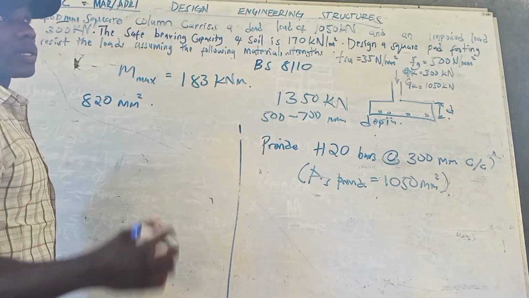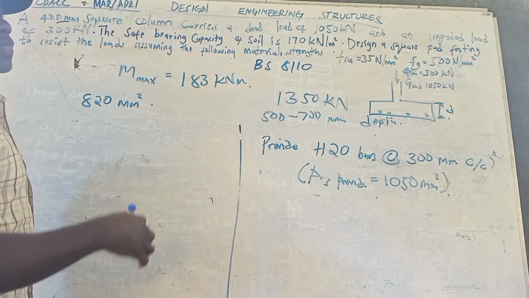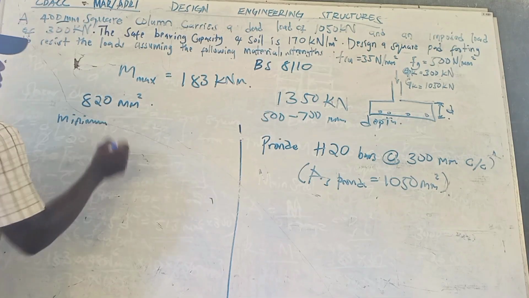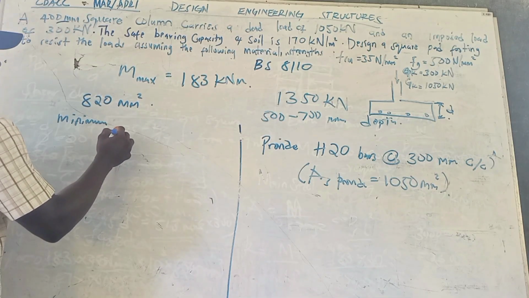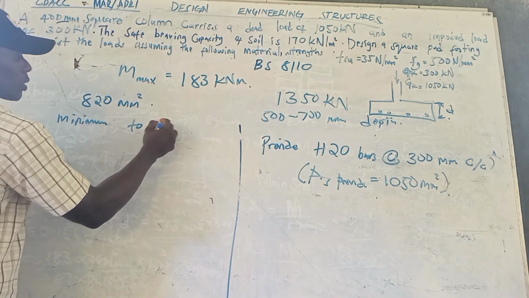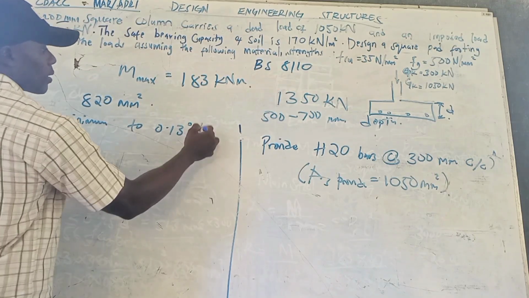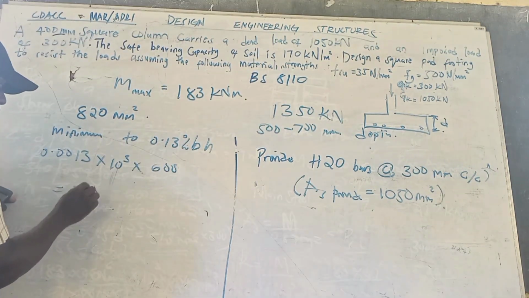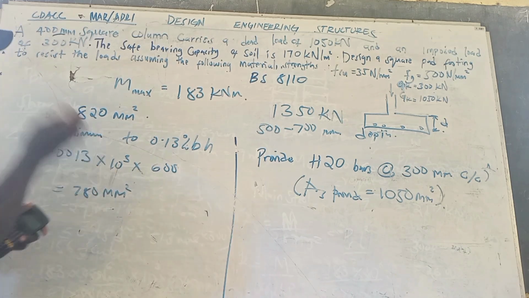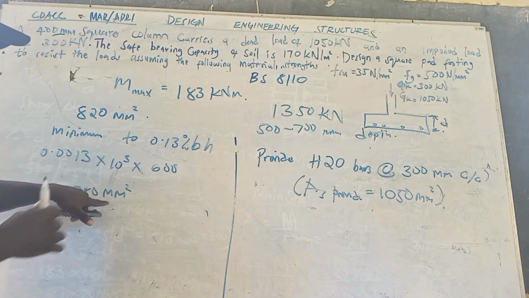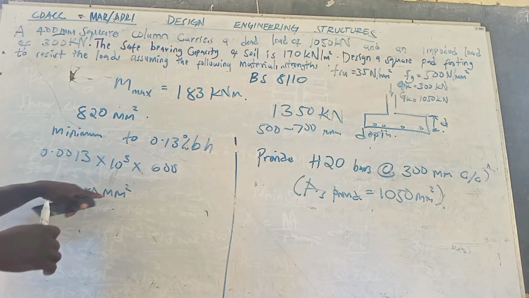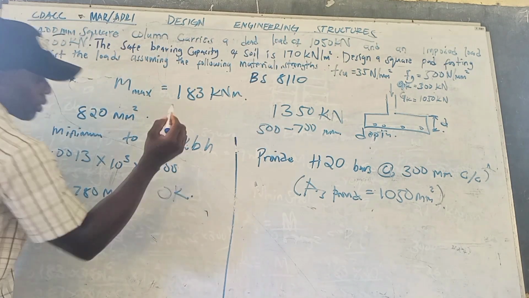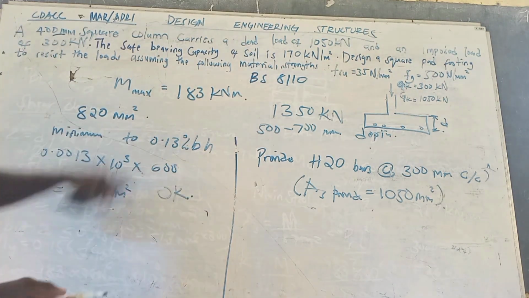Our BS code requires that the minimum steel area be 0.13% of the breadth times the depth. So your minimum steel area should not be less than 780 square millimeters, which is whatever we've gotten was okay.